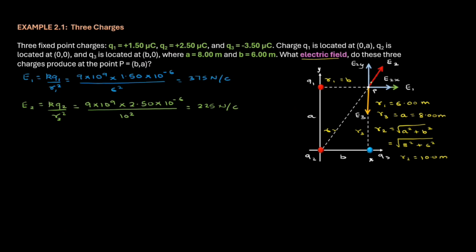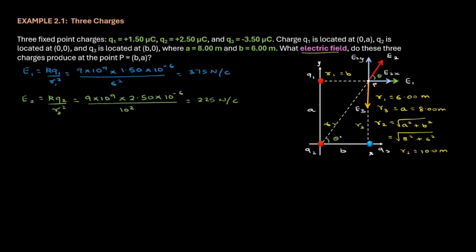So let the x component of E2 make an angle theta with the resultant. And this angle theta is the same as the angle theta over here. Theta we can calculate by using any of the trigonometric ratios. I will use tan inverse to find this theta, since tan is associated with opposite side and adjacent side, and we have both of these values.